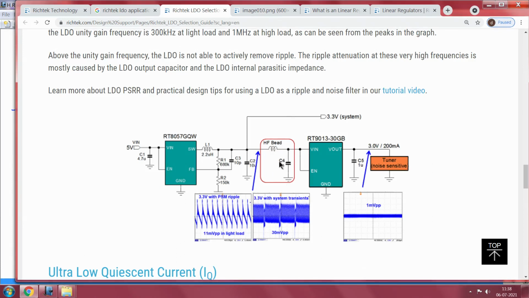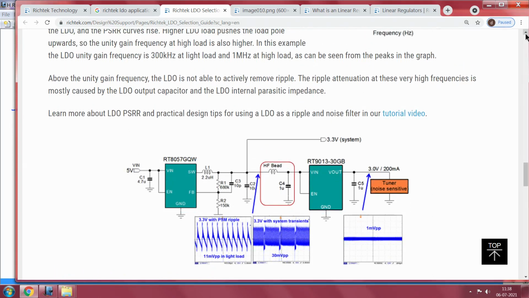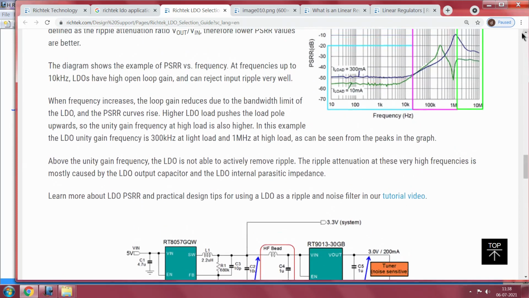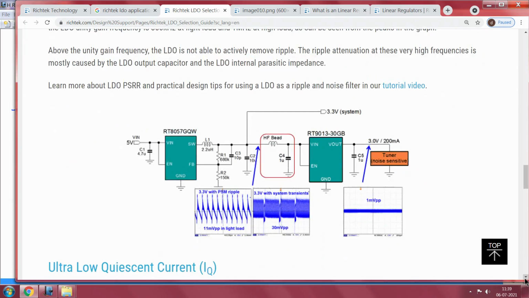The choice of high frequency bead is also important. If you have a problem of 300 milliampere current draw and you want to ensure good PSRR, it is not that there is no solution, there is, and this is essentially what the solution is.